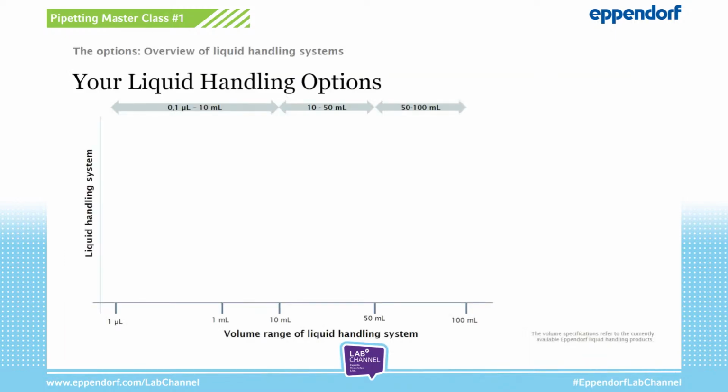So the different liquid handling options here are arranged according to the volume range they cover. And the volume specifications refer to the currently available Eppendorf liquid handling tools. And we have already covered the air cushion pipettes, which can dispense volumes of up to 10 ml. In addition to single-channel pipettes, there are also multi-channel pipettes without and with adjustable cone spacing.